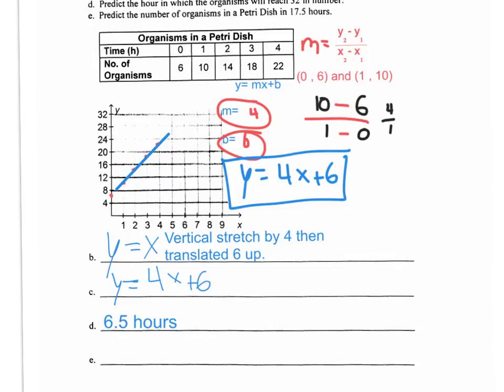Another option is to realize that they give you the 32, which is the organism number, which is the y. This time they're not giving you x, they're giving you y. And they're telling you that y, it says up here, is 32. So they're saying at what hour will the organism reach 32? That means at what x will the y be 32, right? The organism is y. So right here, plug in a 32 and then you can solve it.